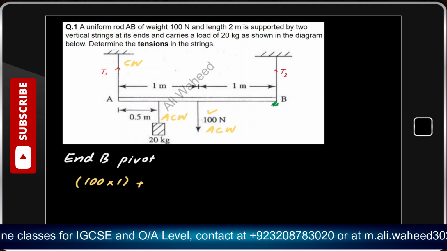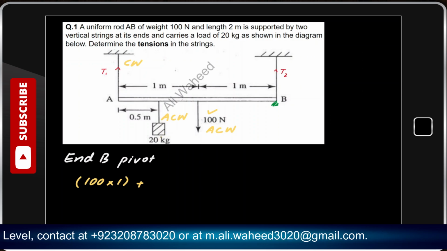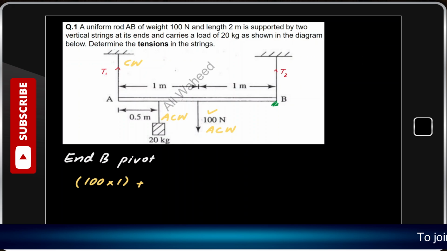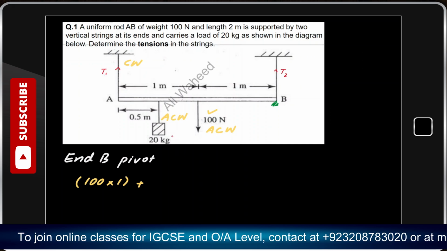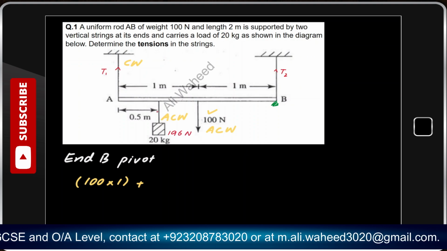plus, what is the force produced by this mass? That equals the weight of that block. So if 20 is the mass, the weight would be 20 times 9.81, which would be, I think, 196. Yeah, 196. So the weight produced by this mass would be 196 Newton.